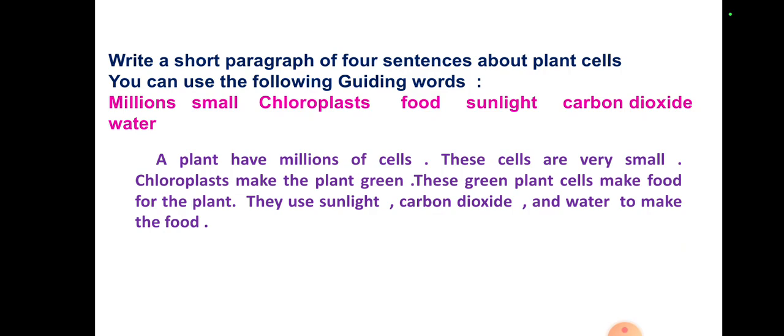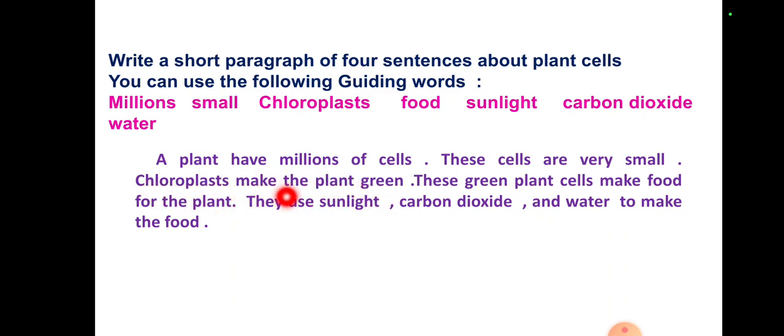Let's read it together. A plant has millions of cells. These cells are very small. Chloroplasts make the plant green.